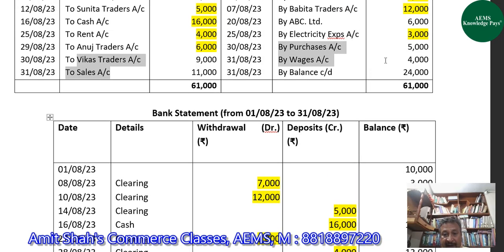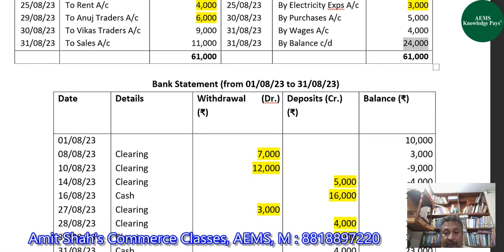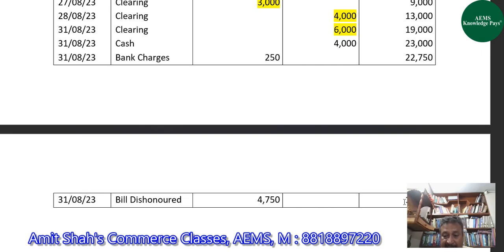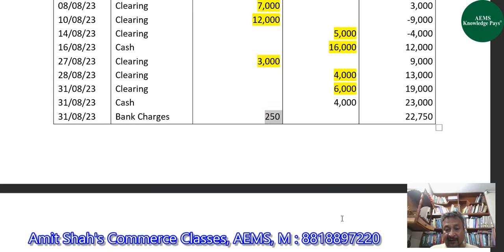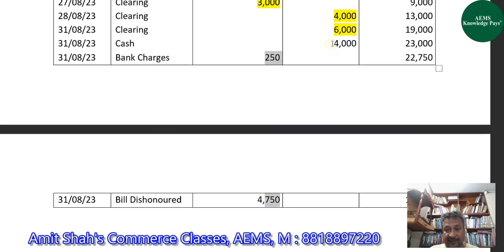Because the bank balance as per cash book, which is rupees 24,000 debit on 31st August 2023, and bank balance as per bank statement, which is rupees 18,000 on 31st August 2023, are mismatching, and they are mismatching because of the unticked transactions only. Unticked transactions in cash book are two here, one here of ABC Limited, and two here. Here we have five transactions, and here we have three transactions, which are unticked. And with this, he will make his bank reconciliation statement.